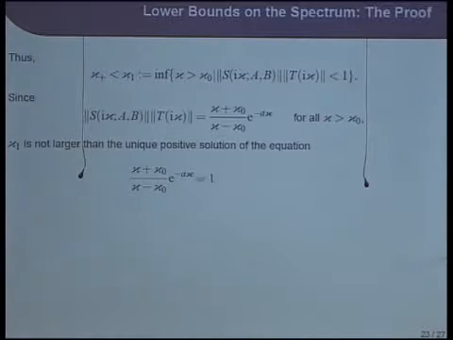And since the norm of S is already calculated, the norm of T can be calculated explicitly with the number A. A is the smallest edge length of the graph. So now we come to the conclusion that kappa 1 is not larger than the unique positive solution of the equation of this form.